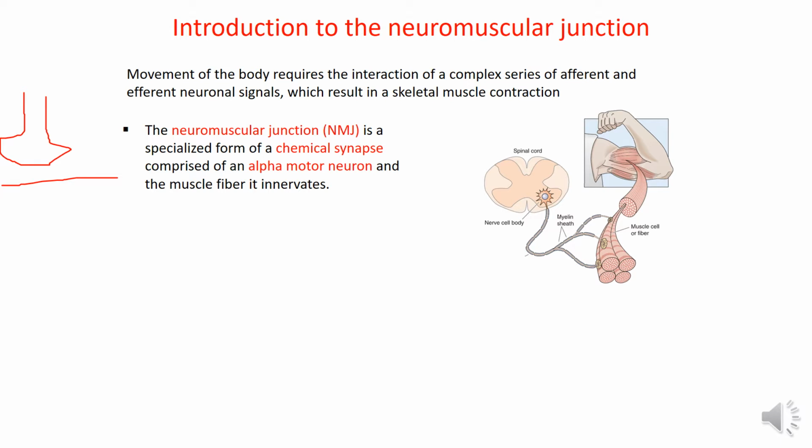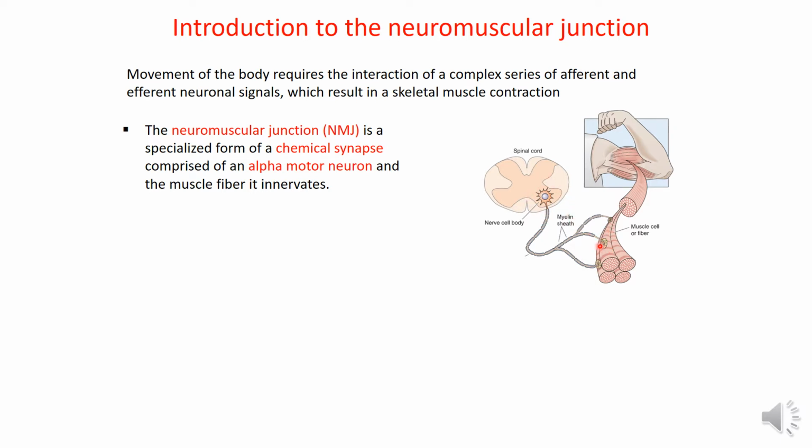The junction between the nerve terminal and the muscle surface is known as the neuromuscular junction. It is a type of chemical synapse where there is a contact between the nerve terminal and the muscle surface.